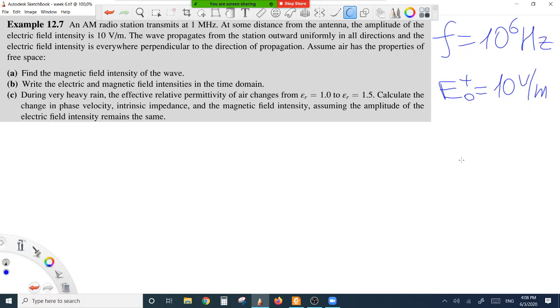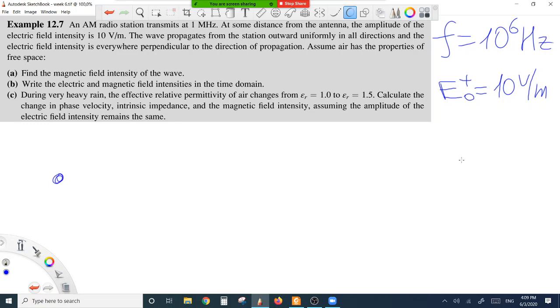So, how do we solve? First of all, because of the fact that transmission is uniform, propagation is on a spherical surface to all directions. At very large distances from the source, the spherical surface may be viewed as a plane.